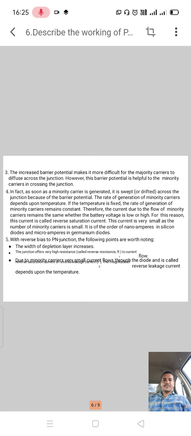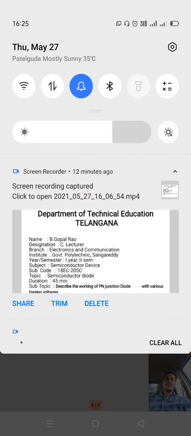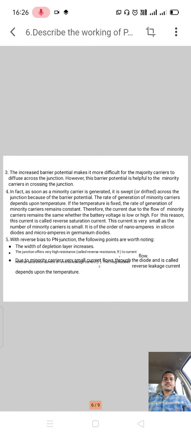In fact, as soon as a minority carrier is generated, it is swept or drifted across the junction because of the barrier potential.